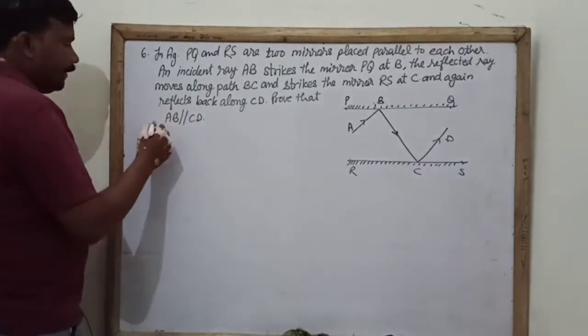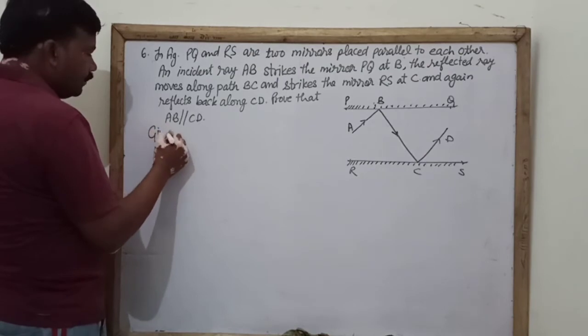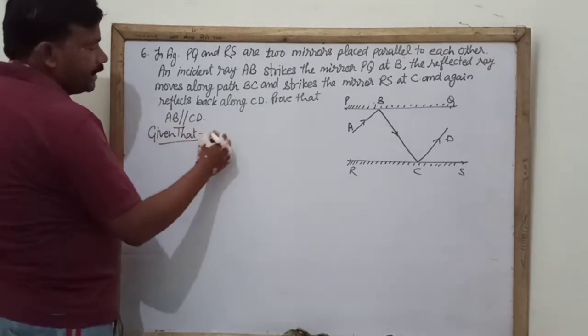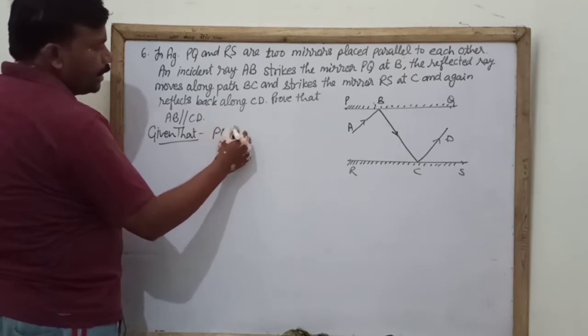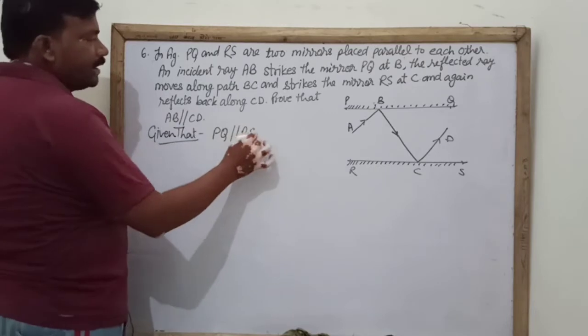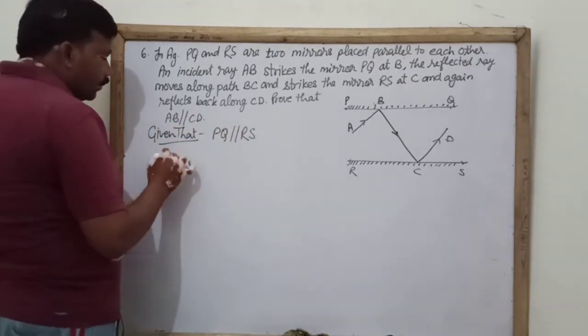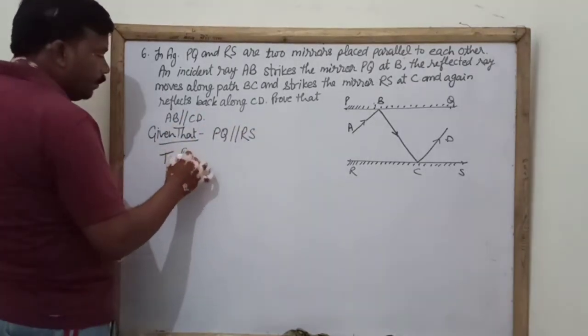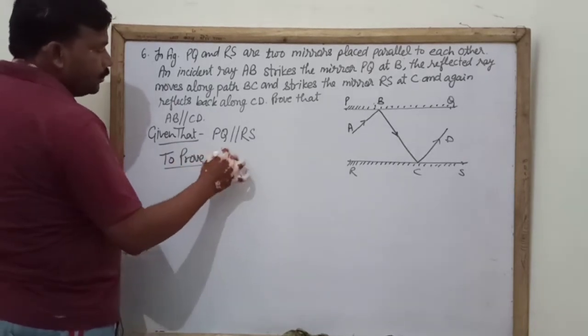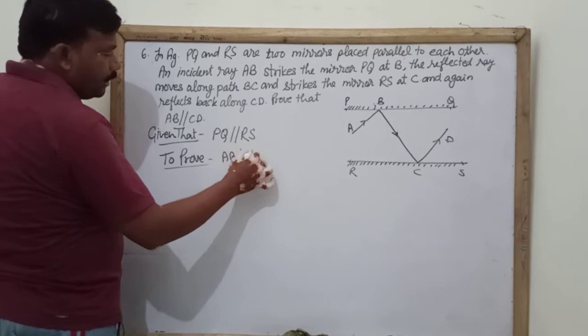So given, we can write here, given that first information is that PQ is parallel to RS. Only main information is this. What is to be proved? It is to be proved that AB is parallel to CD.